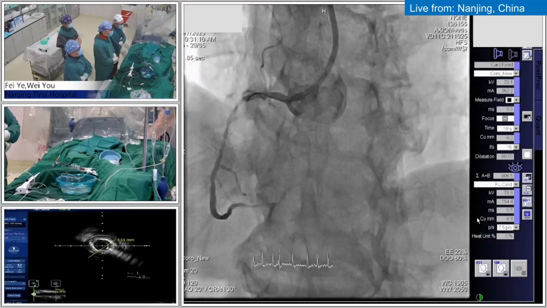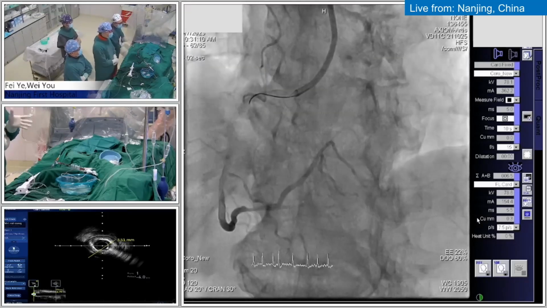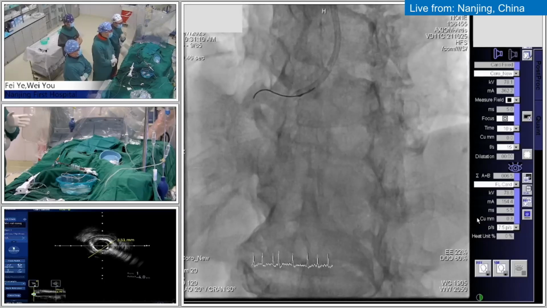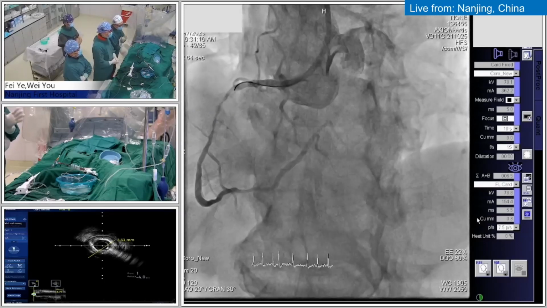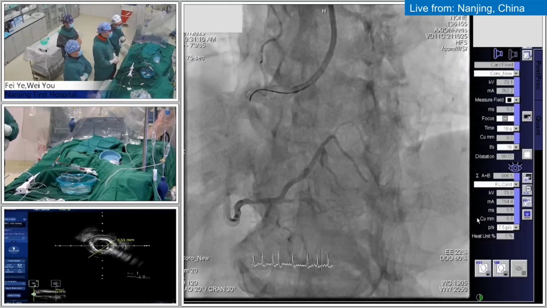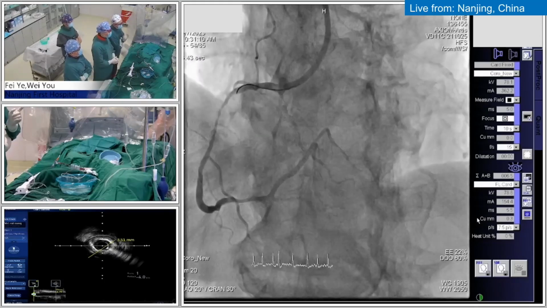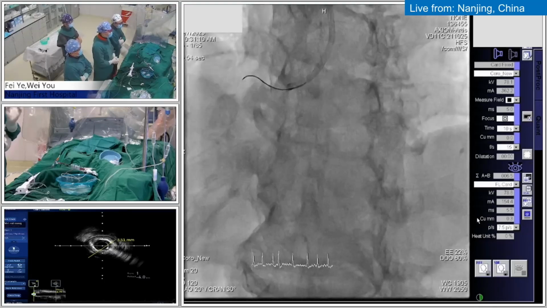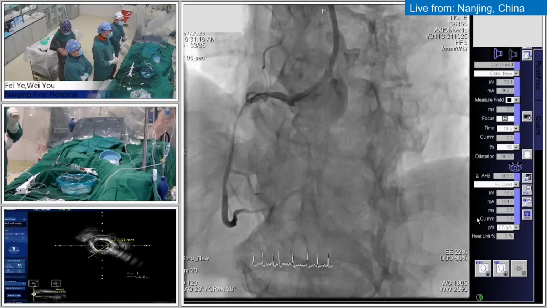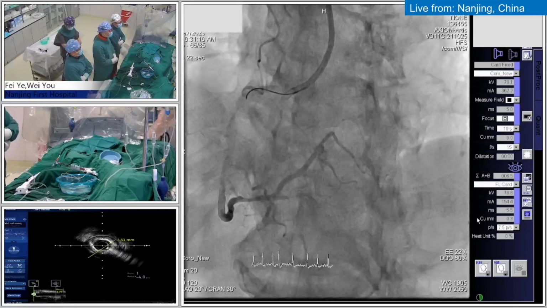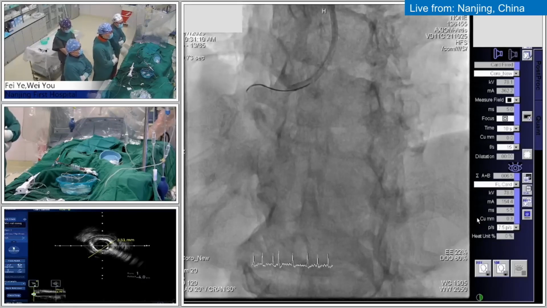I think the RCA is right dominant. First, PCI of the RCA will be safe and efficient, which will give good support for the next PCI of the LAD. If today we want to perform the LAD PCI, we may need a mechanical circulatory support device like Impella and or ECMO.